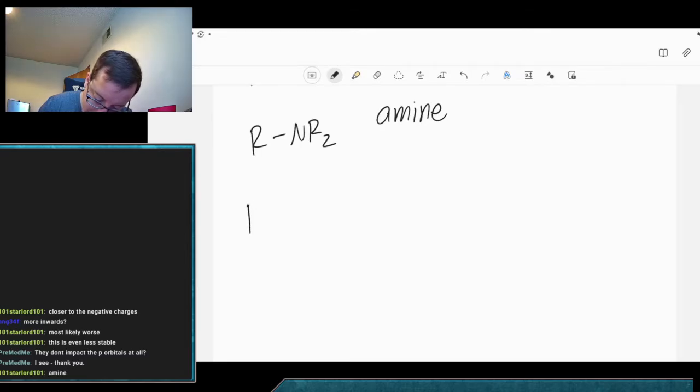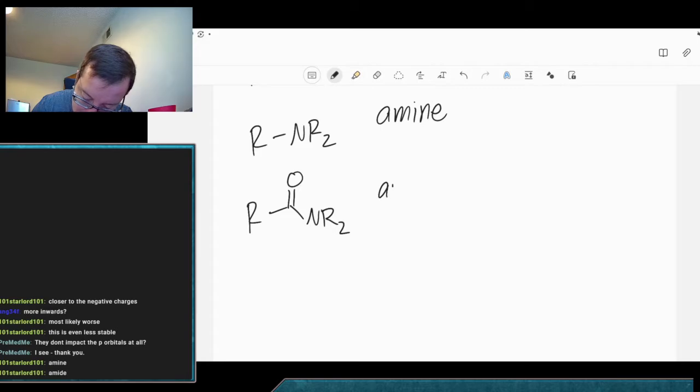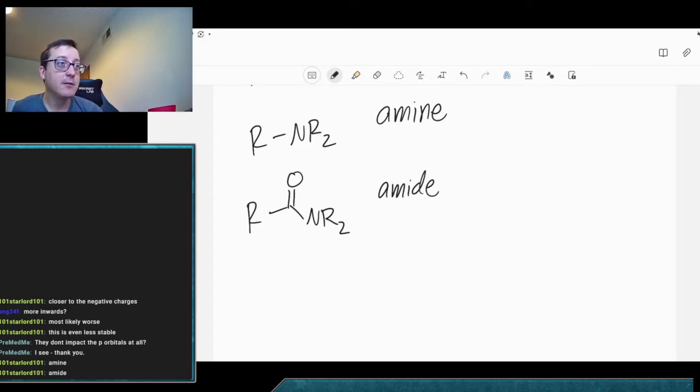So remember, nitrogen makes three bonds, that's why we have R2 on it. So again, could be H, could be other ones. Yes, this is an amide. Pronounced amide. So even though it's so nice to say amide, it is technically pronounced amide. Yes, very good.